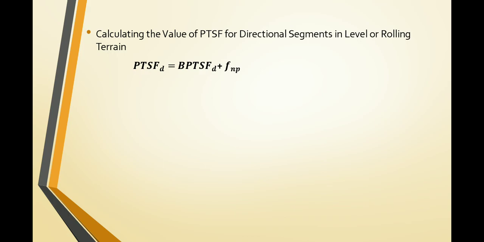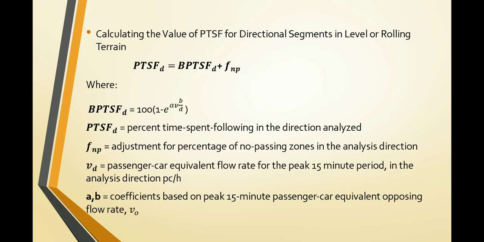Calculating the value of PTSF for a directional segment in level or rolling terrain. PTSFD is equal to BPTSFD plus FNP, where BPTSFD is equal to 100 times 1 minus e raised to AVD^B, and PTSFD is the percent time spent following in the direction analyzed.